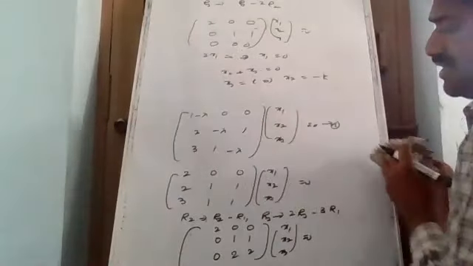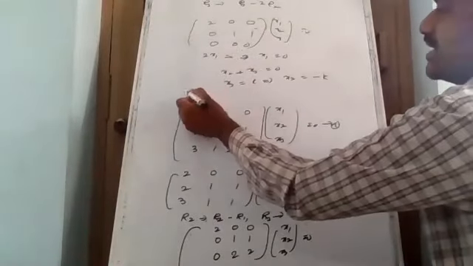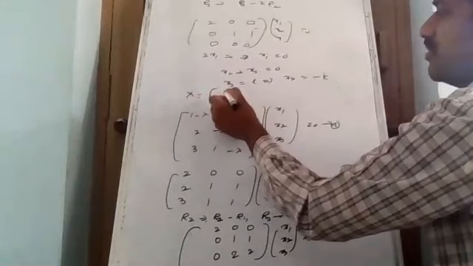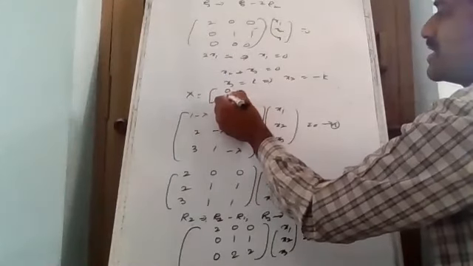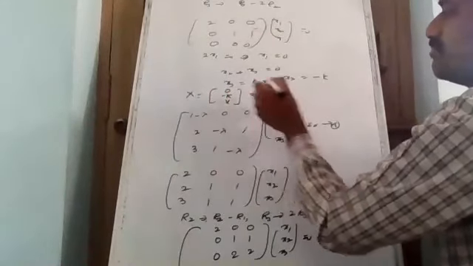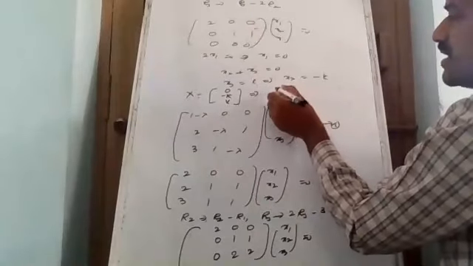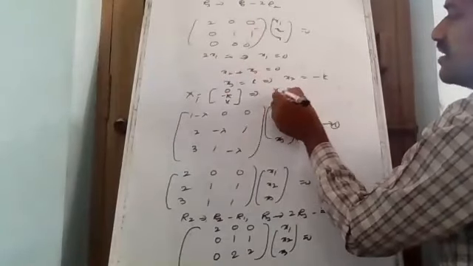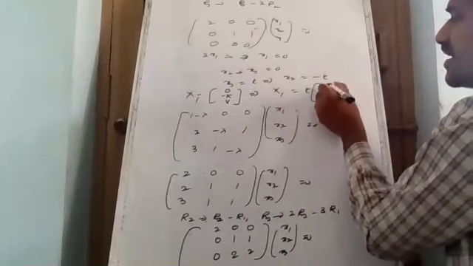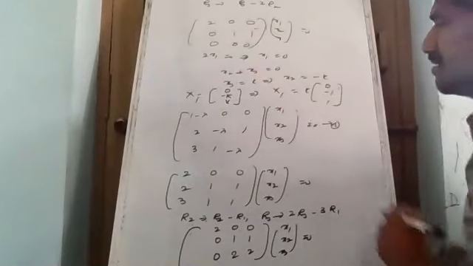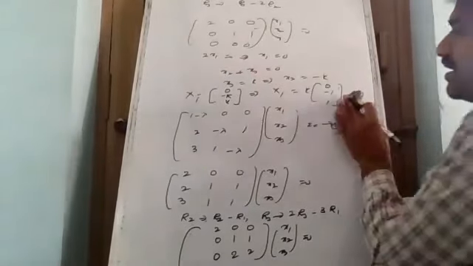So finally we get capital X is equal to 0, minus k, and k. By taking k as common, x1 is equal to k into 0, minus 1, 1. By giving different values to k, we get different eigenvectors.